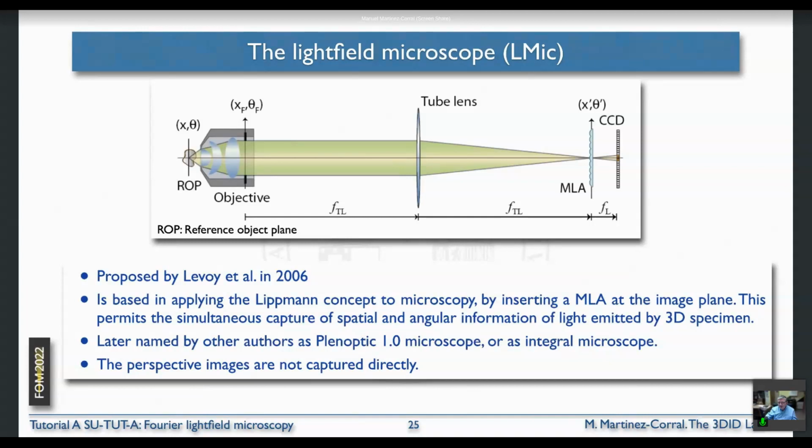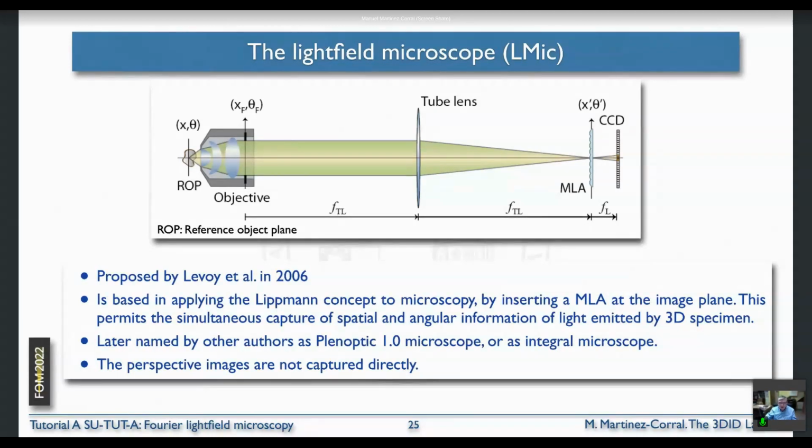In fact, the microlens array is conjugated with the object plane, and on the other hand, the sensor is conjugated with the aperture stop.